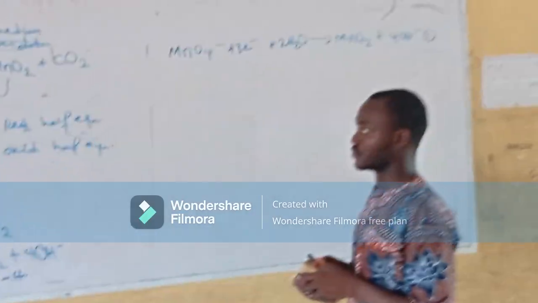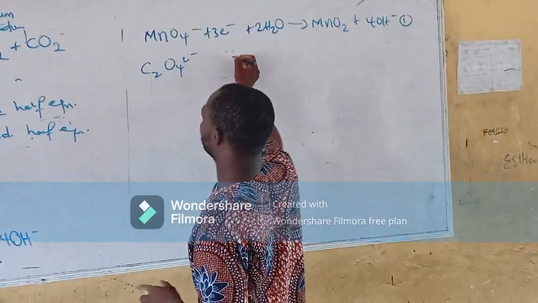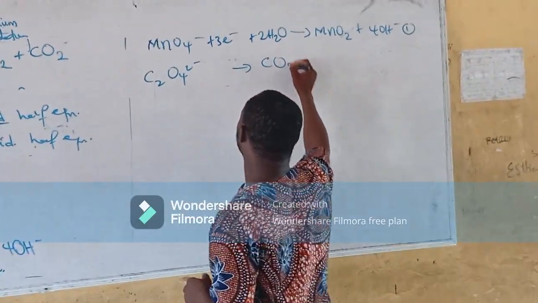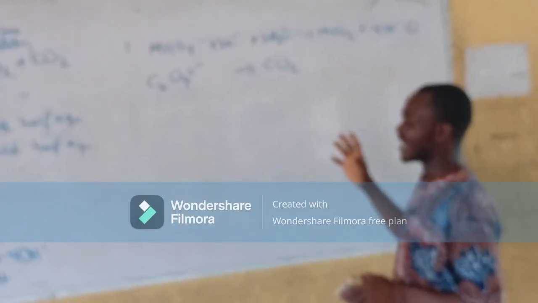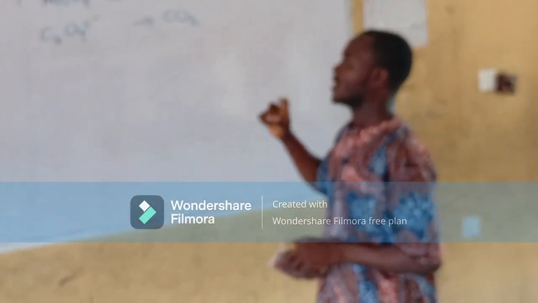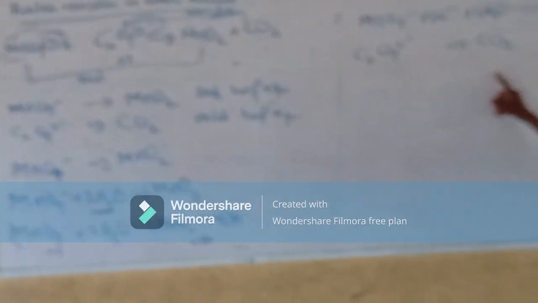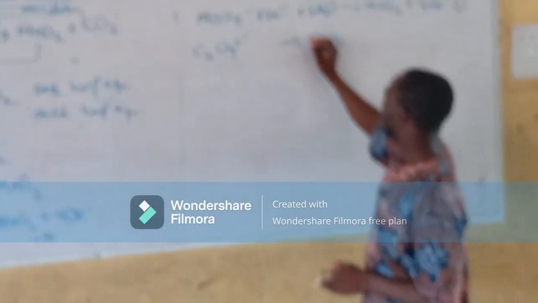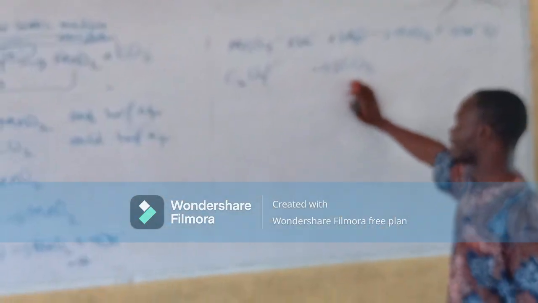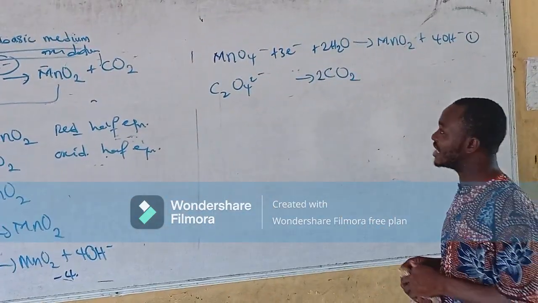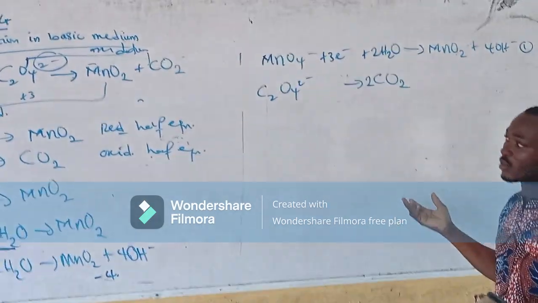Now equation 2. We have C2O4 2 minus to CO2. Now according to the rule, you first of all balance all atoms except oxygen. In this case, we have 2 carbon here, we have 1 carbon here. So we're going to add 2 here to balance carbon. Now we have 2 carbon here and 2 carbon here. However, in the process of balancing our carbon, we have indirectly balanced oxygen. Well, that's good. What next?